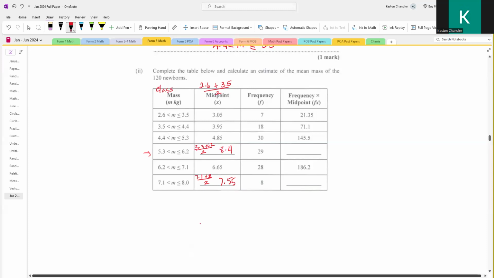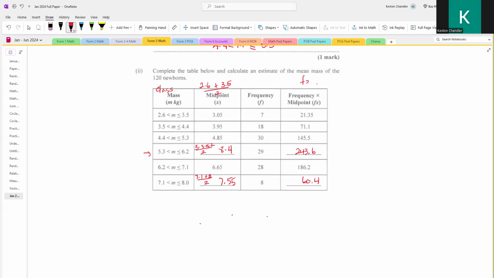That is going to give us 243.6. And then 7.55 by 8 gives 60.4. This is going to give us our fx, not f of x, but fx.